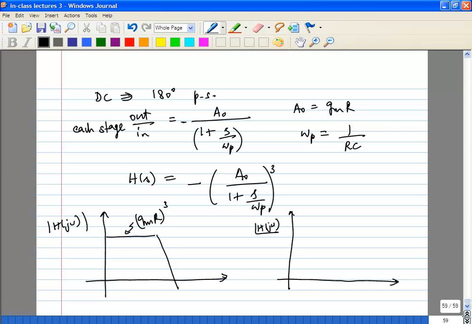The DC gain is going to be GMR the whole cubed, right? You have 3 poles at 1 over RC, so it goes at minus 60 dB per decade after this, right?